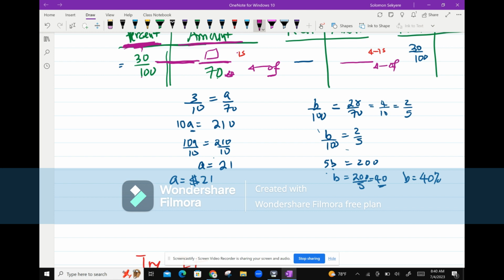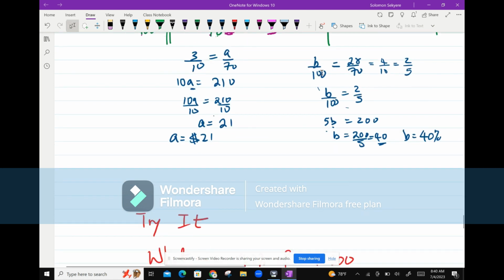It becomes a variable, any letter other than the letter O, because we don't want to confuse O with 0. So let's choose the letter A to represent our unknown. So we've got a table set up: percent on the left, 30% is 30 over 100, and "of" at the bottom, and that's your unknown.